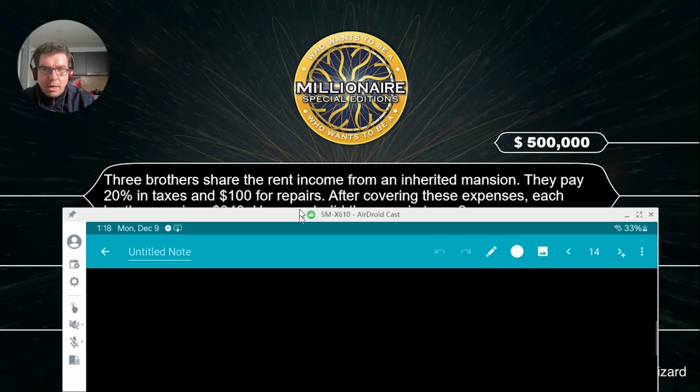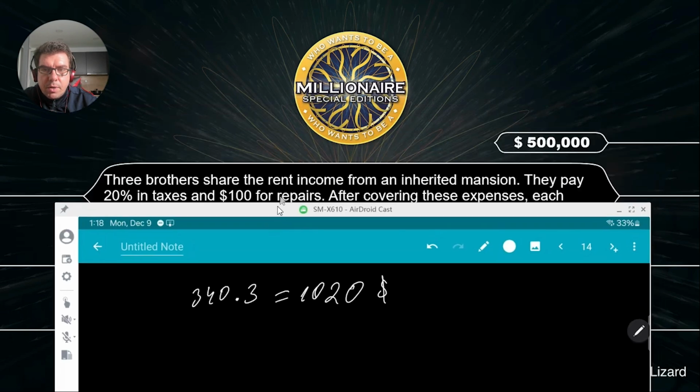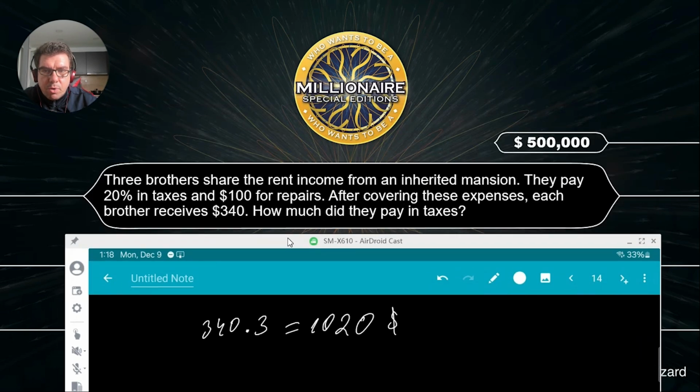We just multiply 340 times 3 brothers and we get 0, 2, retain 1. 3 times 3 is 9 plus 1 is 10. Okay. So $1,020 for the 3 brothers in total.